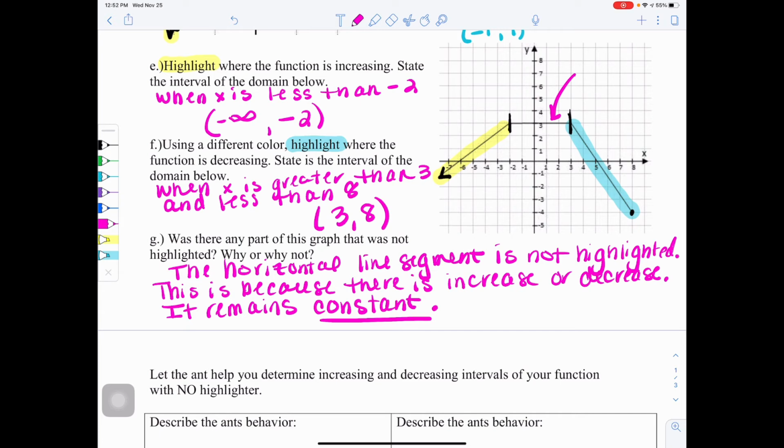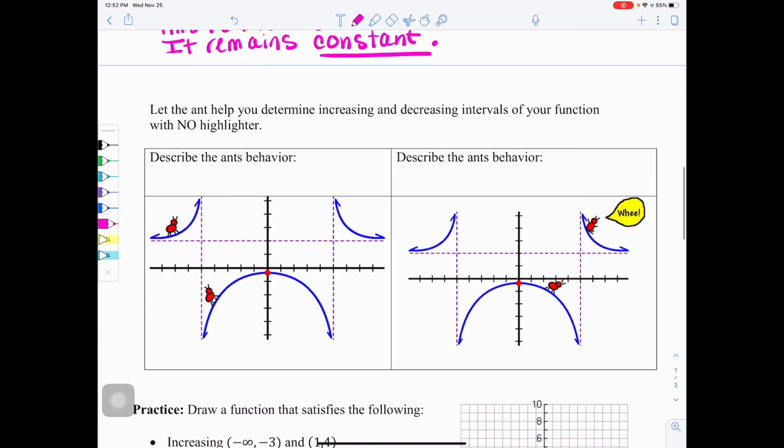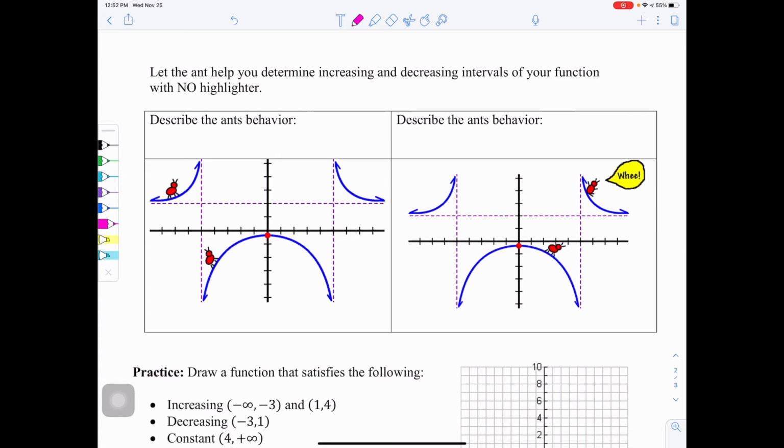Now, as a tip to help you out, it says, let the ant help you determine increasing and decreasing intervals of your function with no highlighter. So when you're looking in the future to complete these types of questions, it is helpful to use the tips that you see below. Think of a little ant and whether they would have to go uphill or downhill. Okay, so describe the ant's behavior in the left picture.